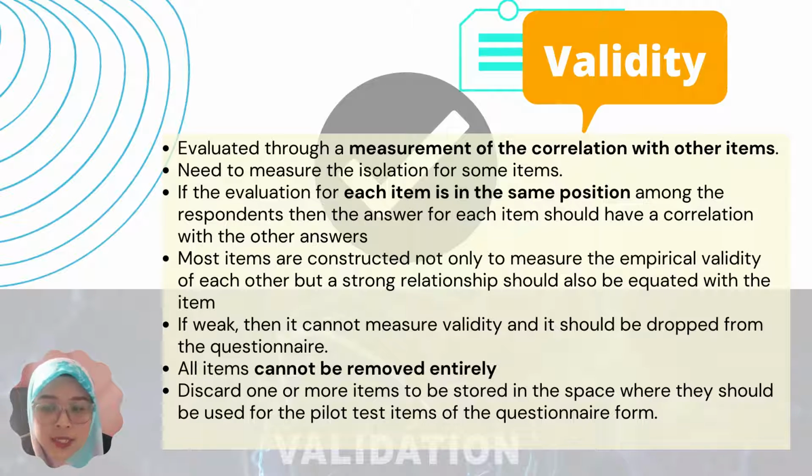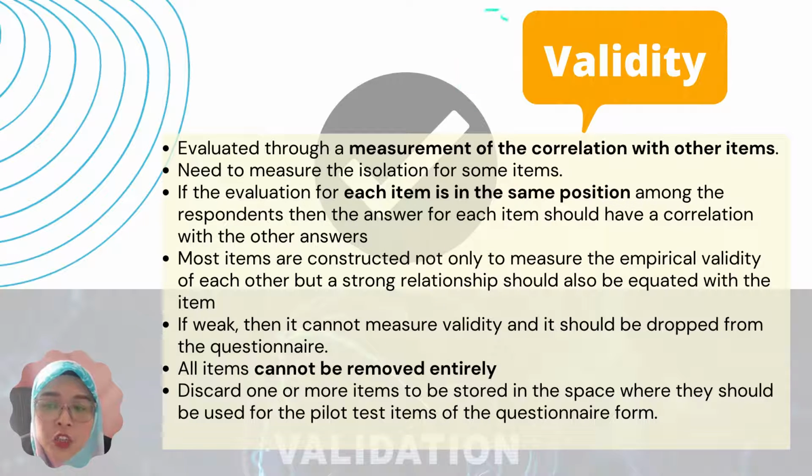What needs to be taken into account in making a pilot test is the need to measure the correlation for some items. The evaluation function of the pilot test is to determine whether each item presented is meaningful or otherwise.